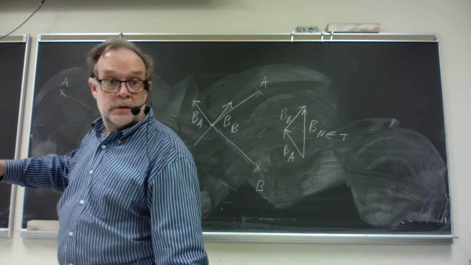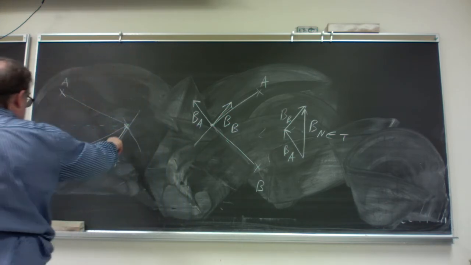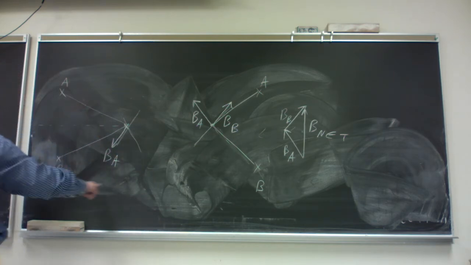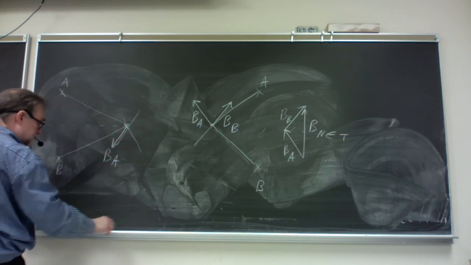Remember, the field lines are flowing counterclockwise. So for the circular field line centered on B and flowing counterclockwise, up here at X, it's flowing this way, which is down and to the right.